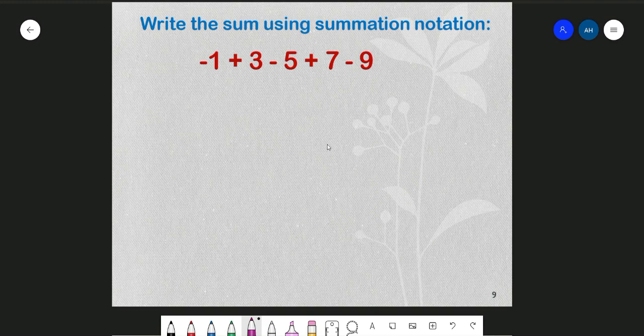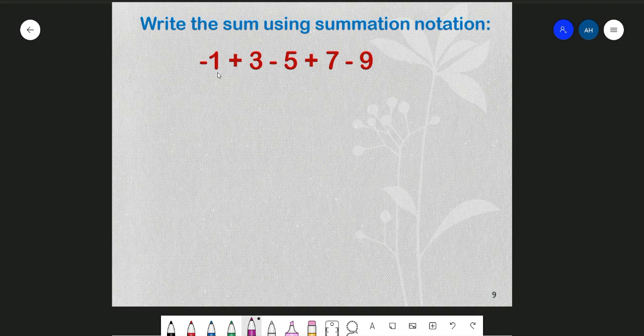Okay, so we have to recognize two things here. First of all, the sequence, that is 1, 3, 5, 7, 9, the pattern of the numbers, that's number one. Number two, we also notice in this case that the signs, negative and positive, alternate.